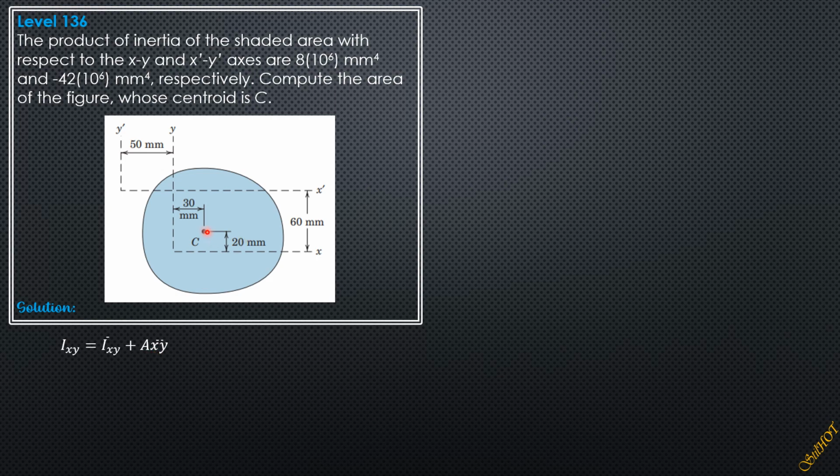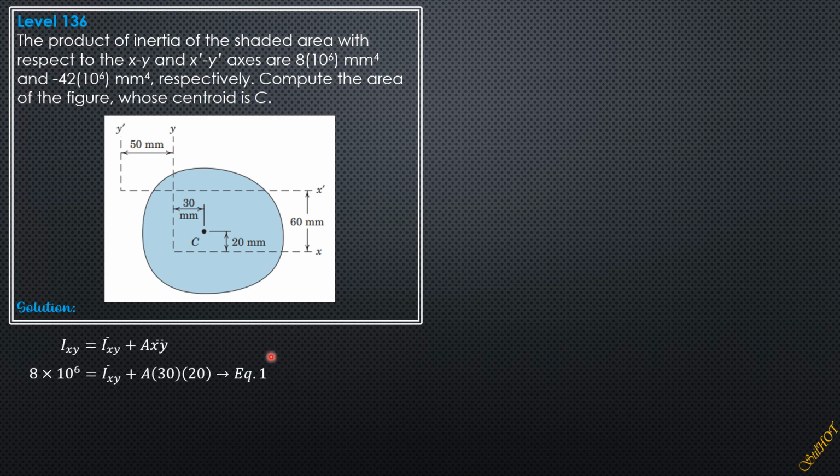Bar x is positive 30, while bar y is positive 20. So 8 times 10 to the 6 equals I bar xy plus area, unknown, times bar x, positive 30, times bar y, 20. Call that equation 1.